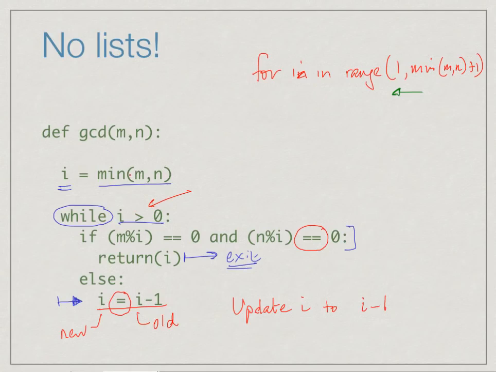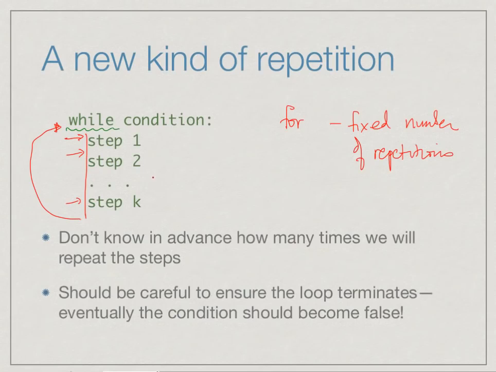And so since we start with some fixed value and we keep reducing i by 1, eventually we must reach 0. So in general, when you use a while loop, you must make sure that you're making progress towards terminating the loop. Otherwise, you have a dangerous kind of behavior called an infinite loop, where the computation just keeps going on and on without returning a value, and you have no idea whether it's just taking a very long time to compute the answer or whether it's never going to finish.